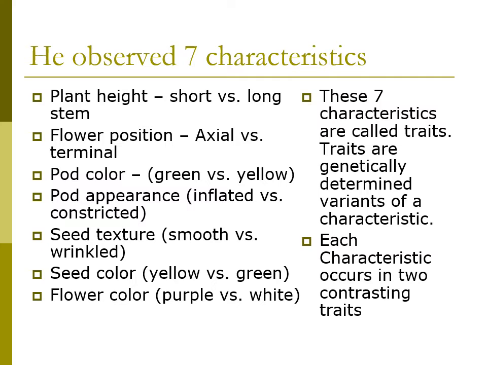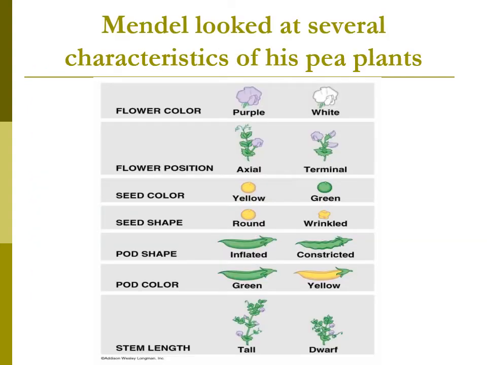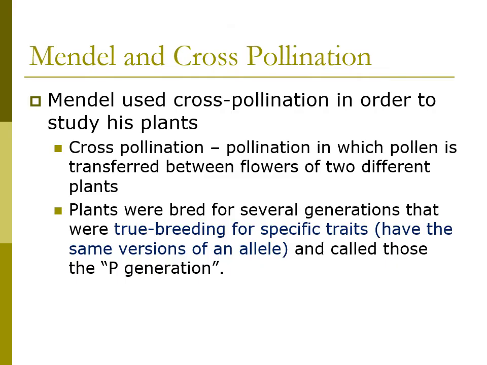So he's looking at all these things in his garden and writing down information. Here's a little diagram that shows you the difference between the plants. And all of these traits, luckily, were done by complete dominance, so they were pretty easy to predict once you notice the pattern. So what Mendel did is he used this thing called cross-pollination in order to study his plants.